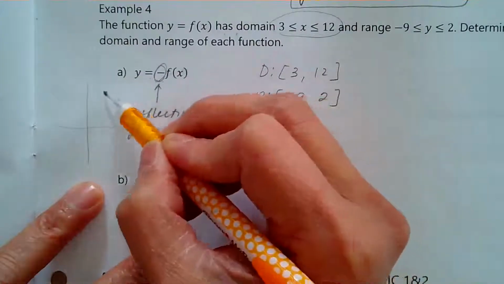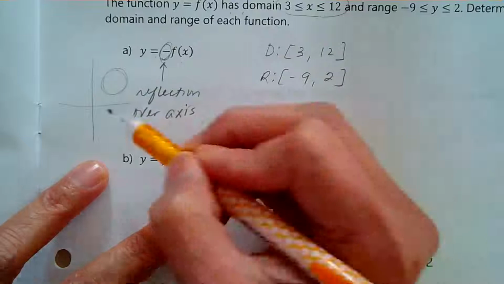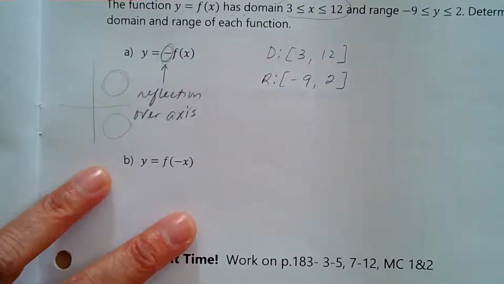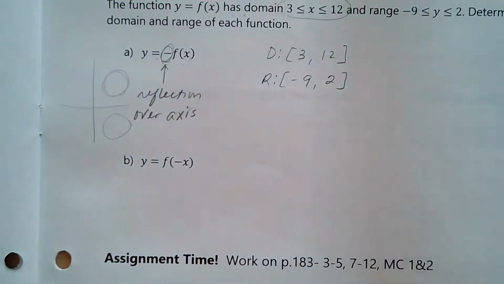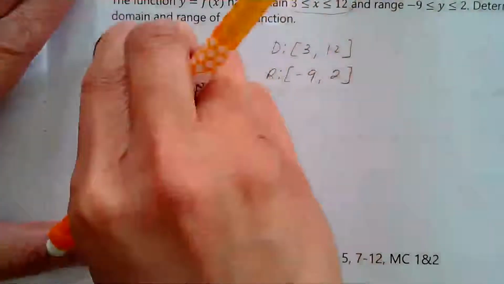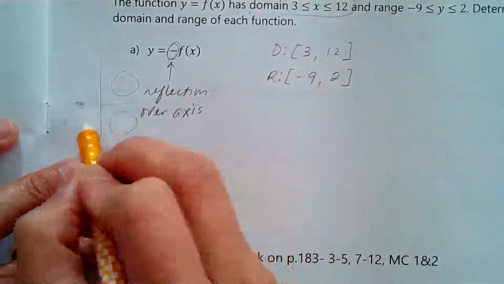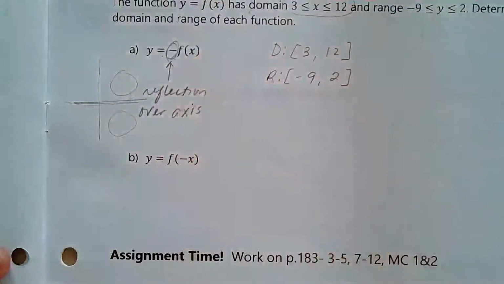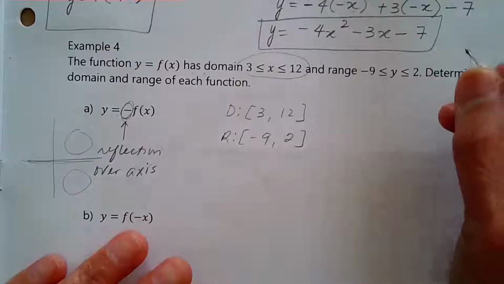Used to be over here, reflection over the x-axis, that's over there. So y changes. What's the new domain and what's the new range?